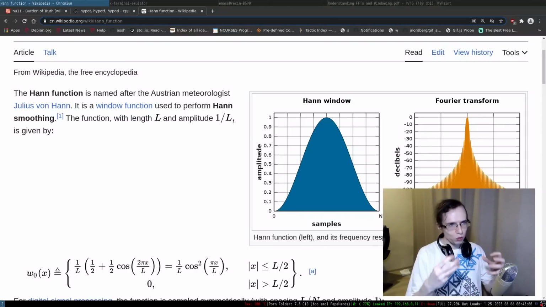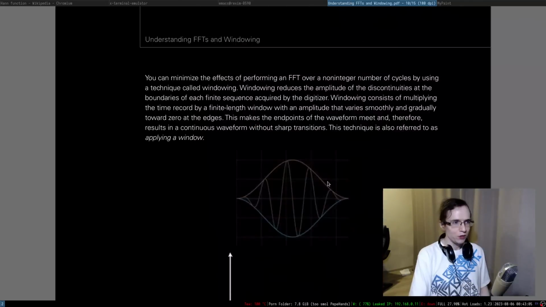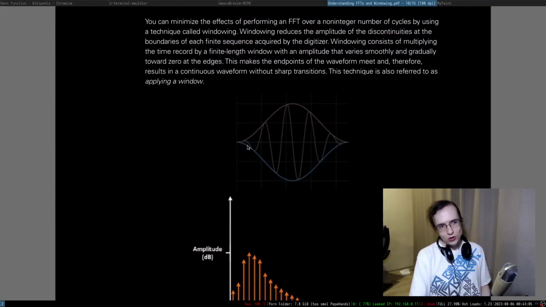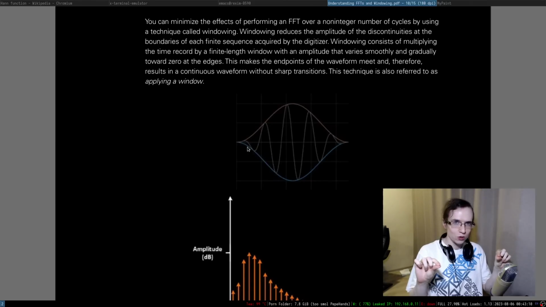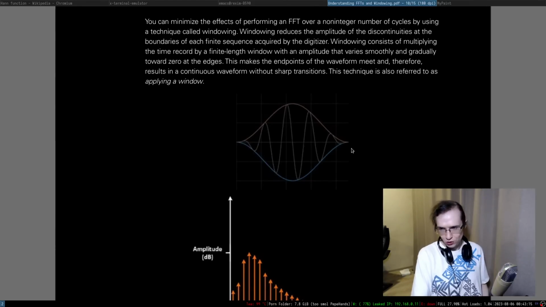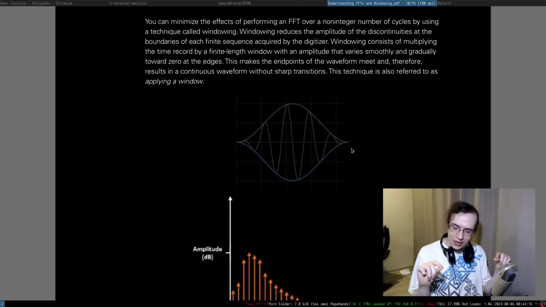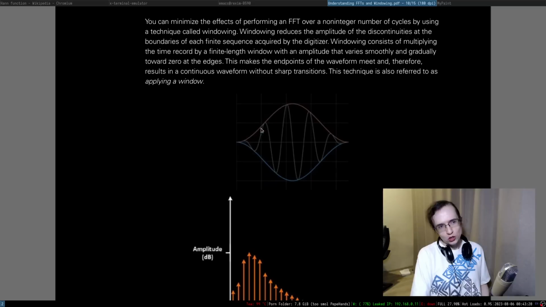You literally multiply your window by that thing, and effectively your signal turns into this thing. So you basically narrow it at the left and right side of the window. So if you have any tearage, it will actually smooth it out. The cost you pay is this additional 1 Hz frequency that goes across your entire window, which is not going to affect that much.